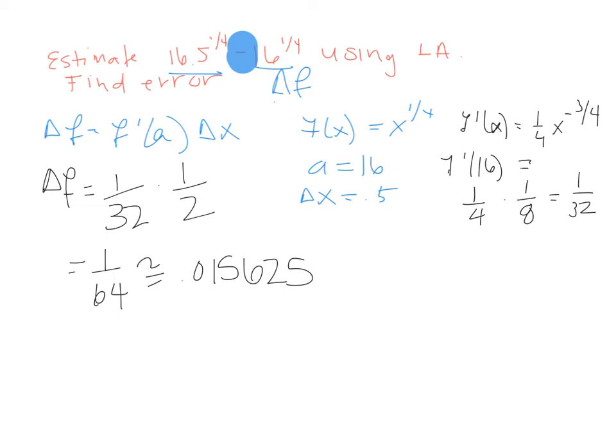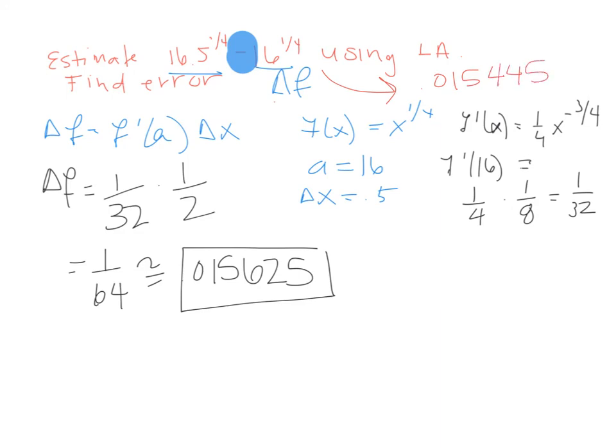So there you have it. That is my change in f estimation using this formula instead of flat out doing it. But now we need to find the error. To find the error, it's actual minus estimate over actual, so I need the actual. If you plug it into your calculator, I get the actual value as 0.015445.